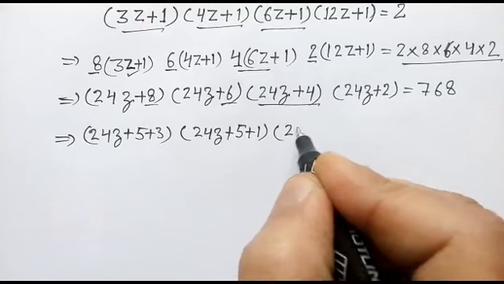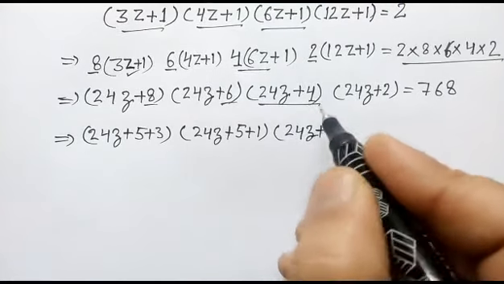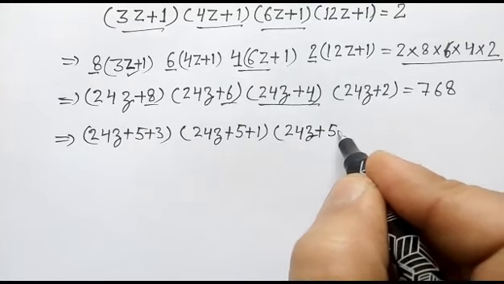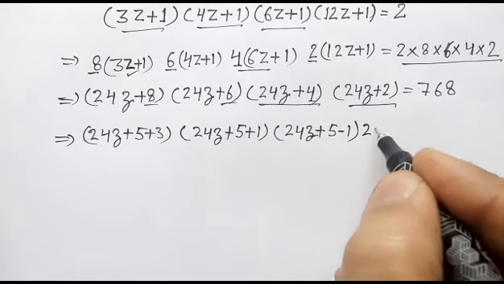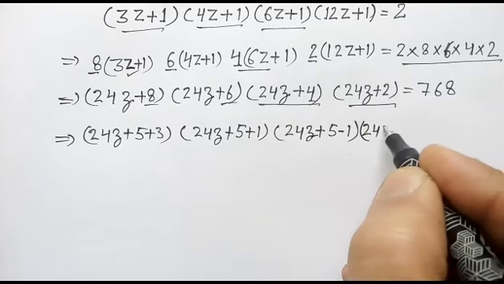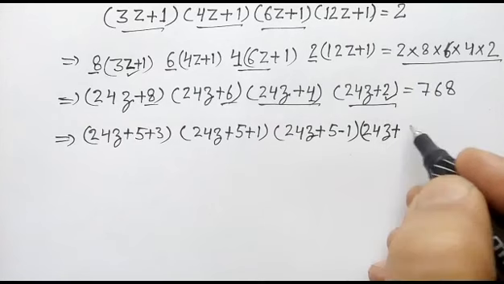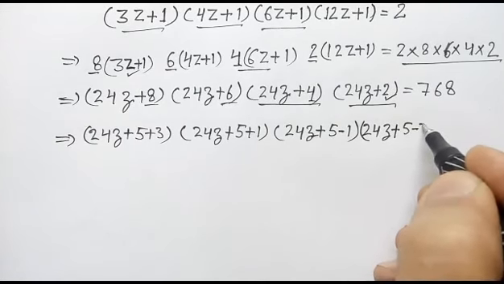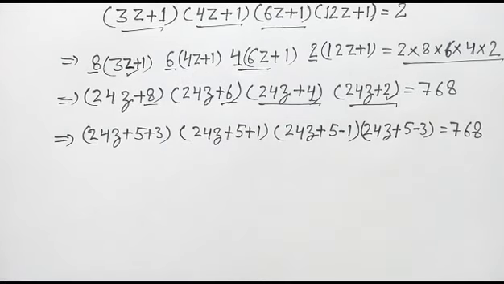Here 24z plus 4 as 5 minus 1, and this 24z plus 2 as 5 minus 3, is equal to 768.